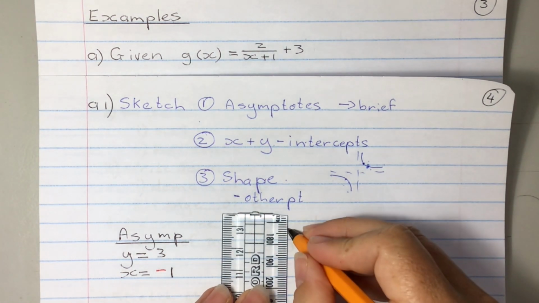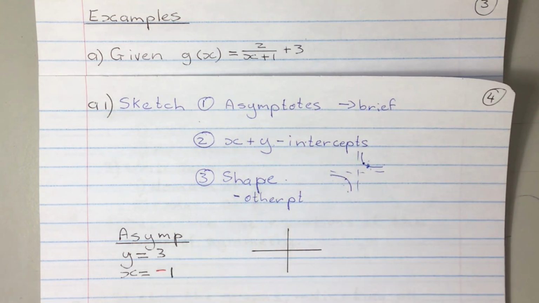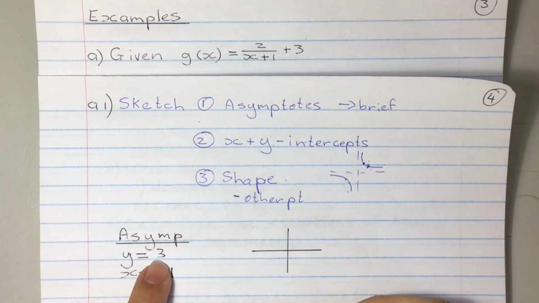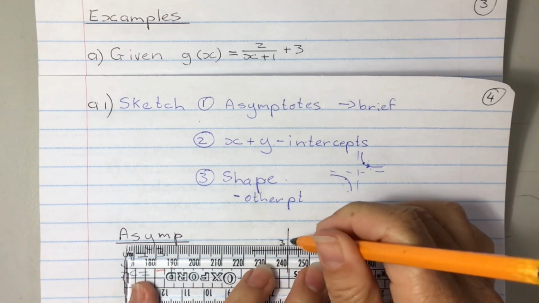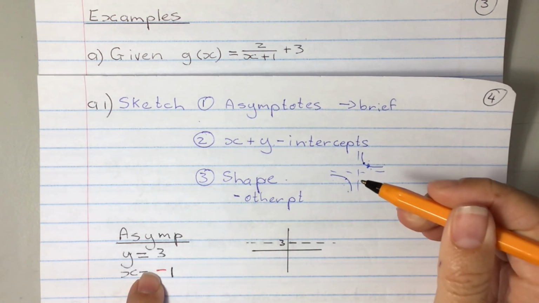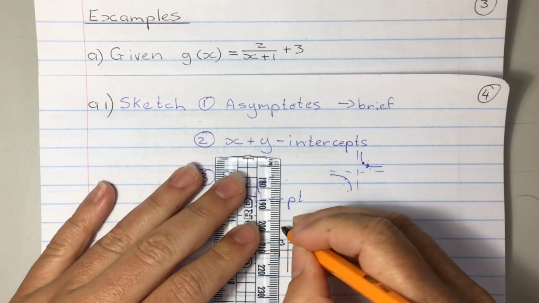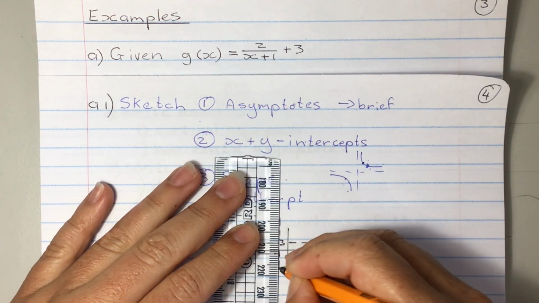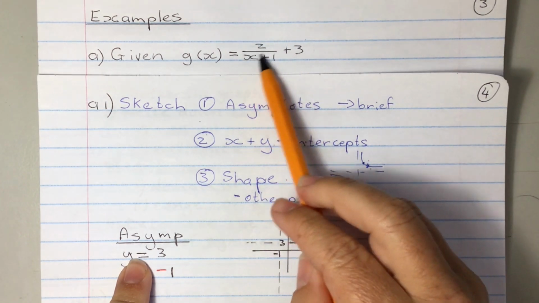Here, you don't have to be very precise in this sketch. This is just to help you figure out where you are. So 3 on my y-axis will be over here somewhere, so this asymptote will be over there. And x equals negative 1 will be on this side of my y-axis, and so this asymptote will be over there. I look at my a value to see which quadrant I'm in.